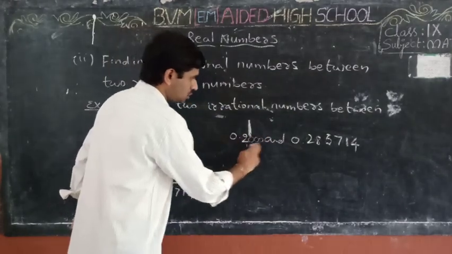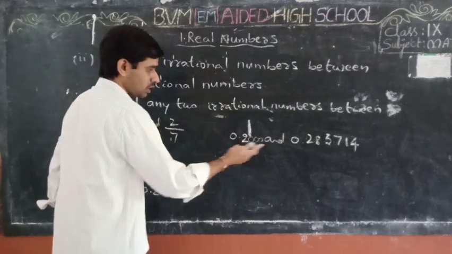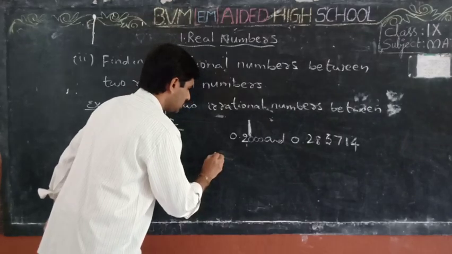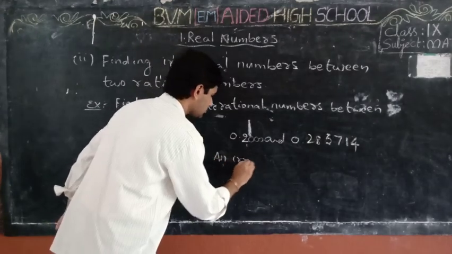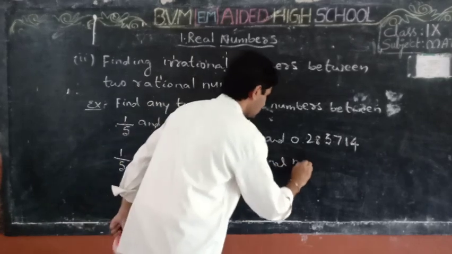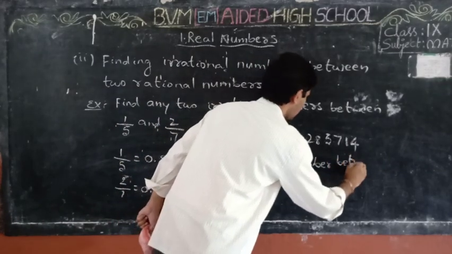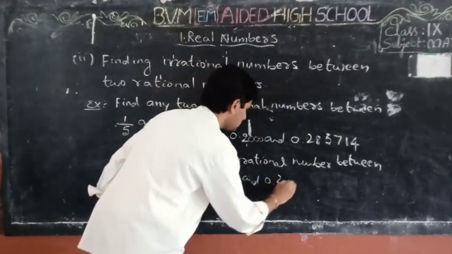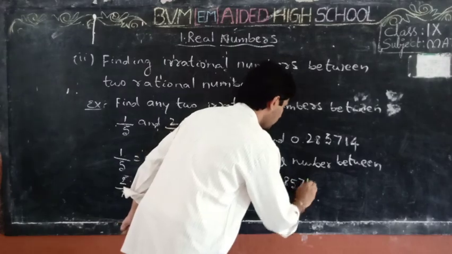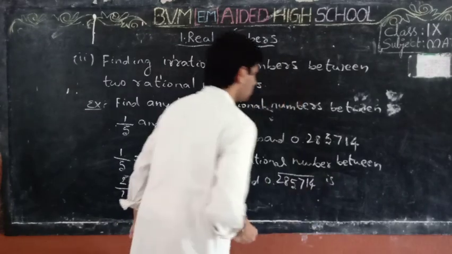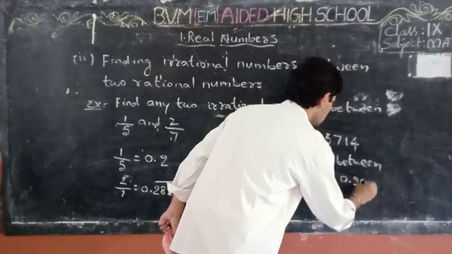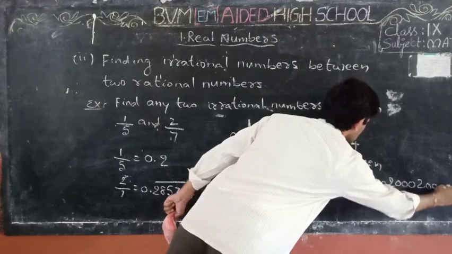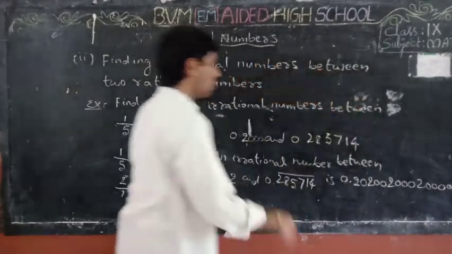That means between 0.20 and 0.28, we have to find an irrational number. Between 0.2 and 0.285714 bar is 0.20200020000000. This is a non-terminating, non-recurring decimal.